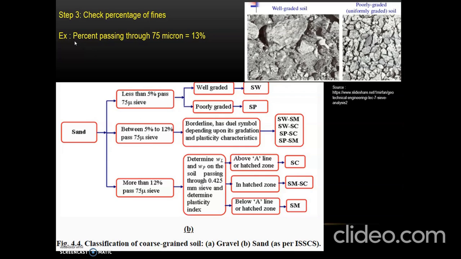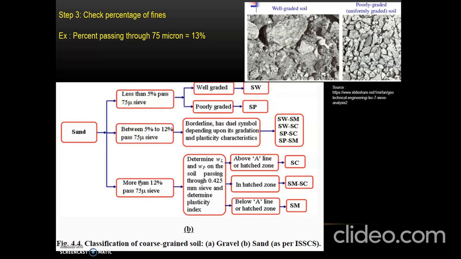We will be given the percent passing through 75 micron. That means the percentage of soil passing through 75 micron will be given. Like for example, if in the problem it is mentioned as 13%, we will have to check whether that 13% is less than 5% or whether it falls between 5 to 12% or whether it is more than 12%.